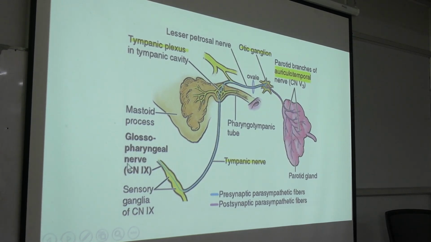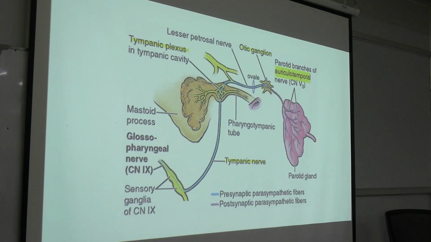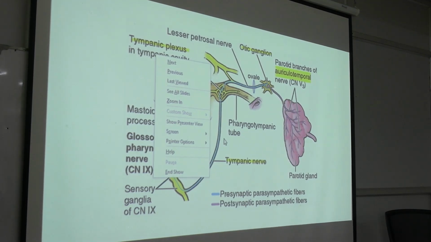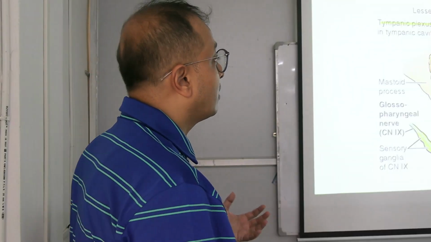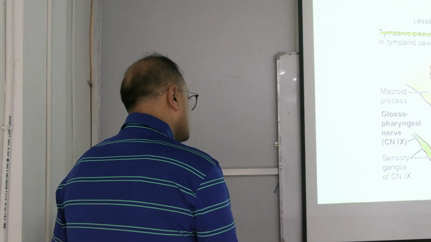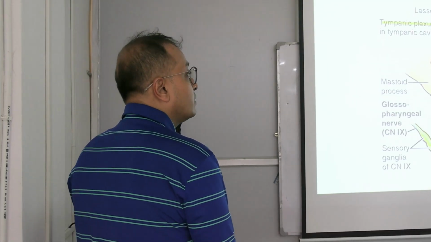So, there is another clinical condition we call Frey syndrome, also called salivary syndrome. If you are doing any surgery on this gland, the auriculotemporal nerve may be damaged. If it is damaged, then nerve regeneration happens. Sometimes there is a faulty regeneration of the auriculotemporal nerve with the sympathetic nerve.